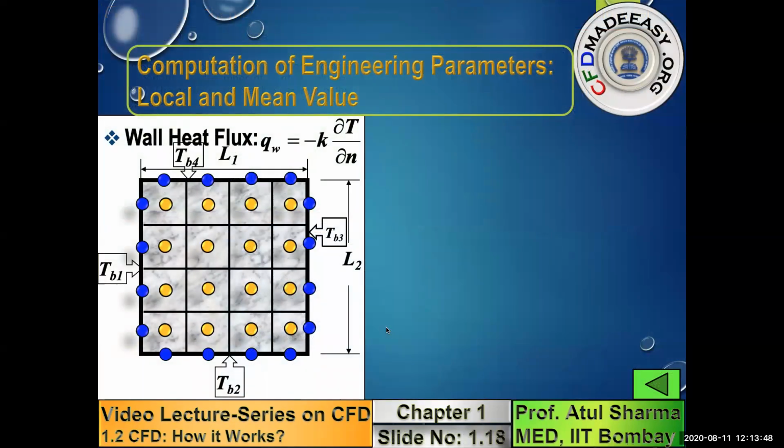So as I mentioned, let us suppose you are solving a heat conduction problem, and let us suppose this is a plate, and you know the temperature distribution from the solution methodology. Once you know the temperature distribution, let us suppose you want to know the total rate of heat transfer from the bottom wall of this plate.